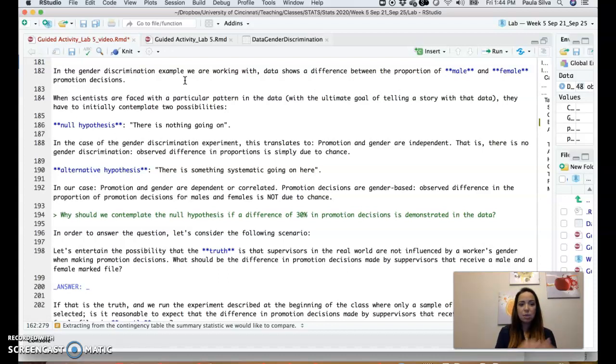In our case, promotion and gender are dependent or correlated. Promotion decisions are gender-based. The observed difference in the proportion of promotion decisions for males and females is not due to chance. That 30% is likely strange enough that it makes us think that gender bias is going on. All right?